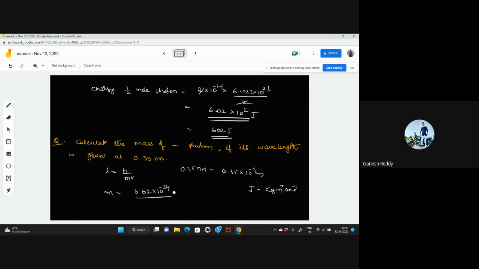So joule can be written as kg meter square second inverse. By mass of electron we need kg, and lambda value in meters, that will be 0.35 into 10 to the power of minus 9 meters, and velocity will be 3 into 10 to the power of 8 meters per second. Second inverse, meter square gets cancelled, so the answer will be in terms of kg.